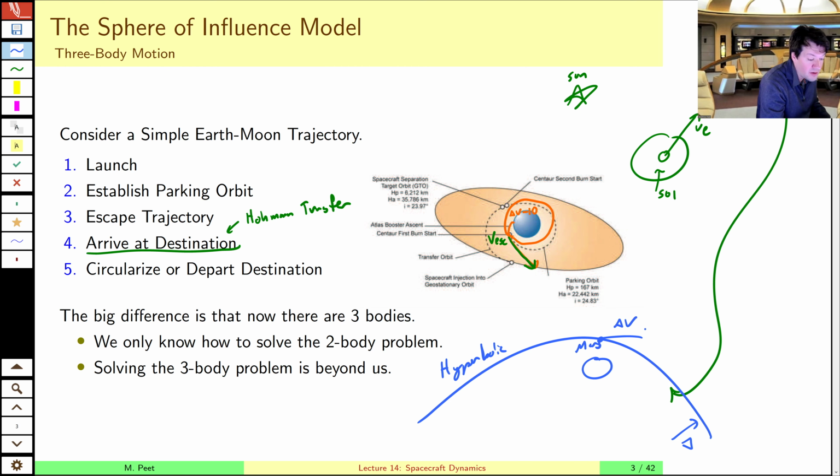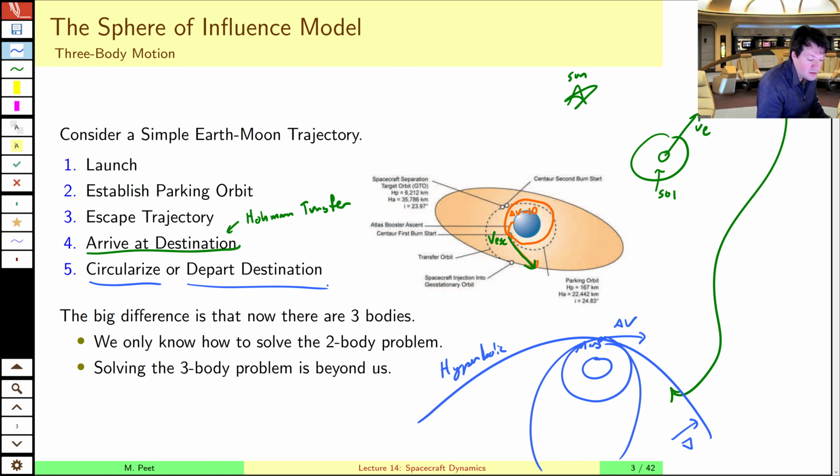It's usually a retrograde burn. So there can be aerobraking involved, a delta V maneuver. And that can either put us in a capture orbit, so a very elliptic orbit, or it can put us in a parking orbit around Mars. And then at some point we can either circularize or we can just fly by.